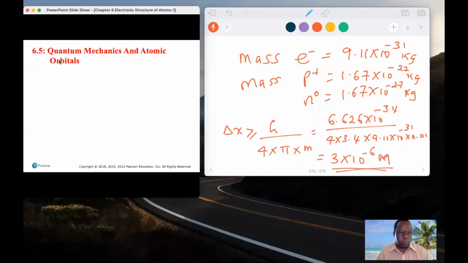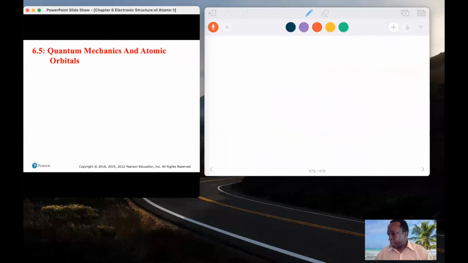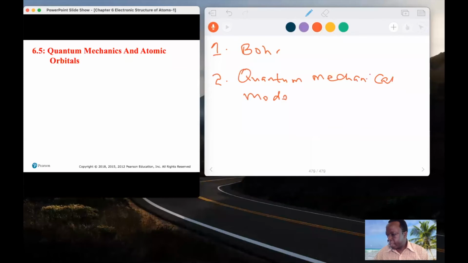And of course, we'll talk about, we have looked at 1, the Bohr model, and 2, the quantum mechanical model of an atom.